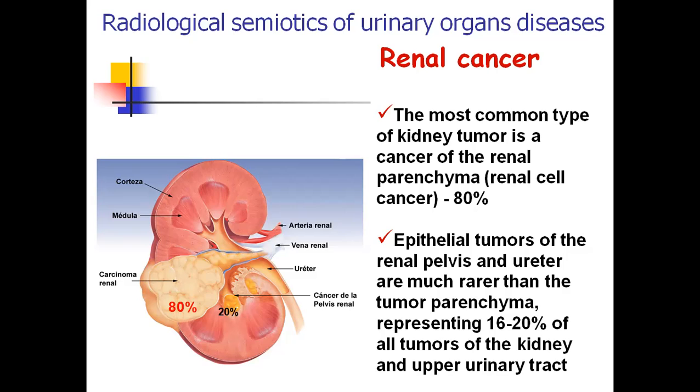And the rest, 20%, are epithelial tumors of renal pelvis and ureters. They are much rarer than tumors of parenchyma, and represent only one fifth of all cases of renal cancer.